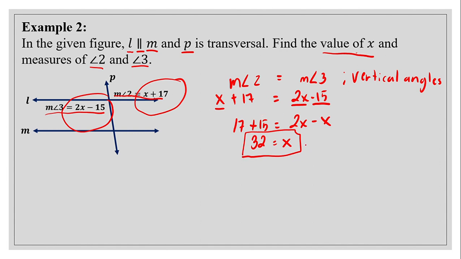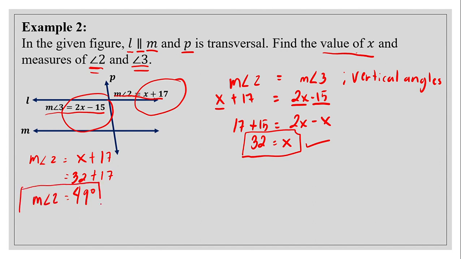From 32 degrees, we need to find the degree measure of angle 2 and angle 3. So measure of angle 2 is equal to x plus 17. Since our value of x is 32, substitute x as 32. Then 32 plus 17, and that is 49 degrees. Our measure of angle 2 is 49 degrees. How about measure of angle 3?